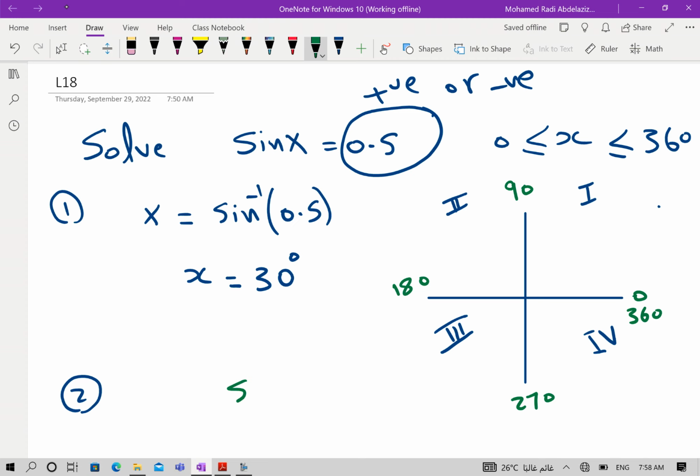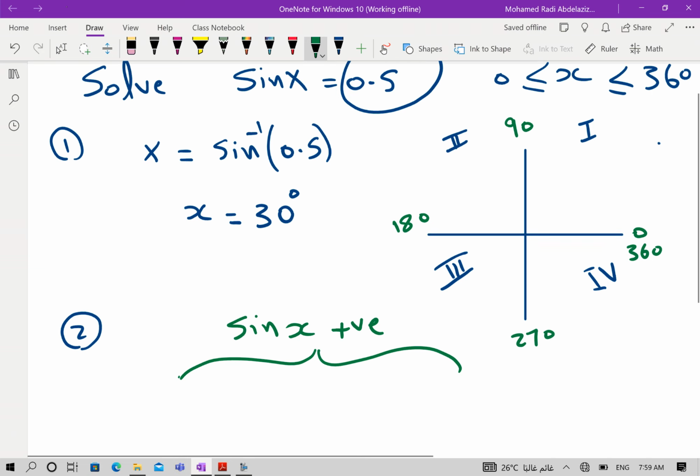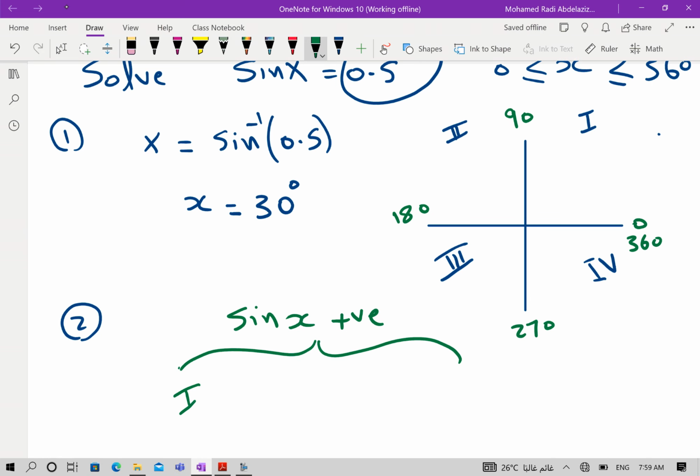Sin x is positive, as given in the question. In which quadrants is sin x positive? First and second. We have 4 cases. If it is in the first, we take it as the basic angle.